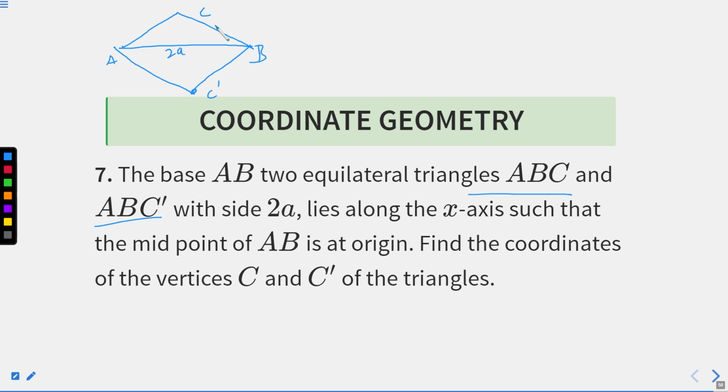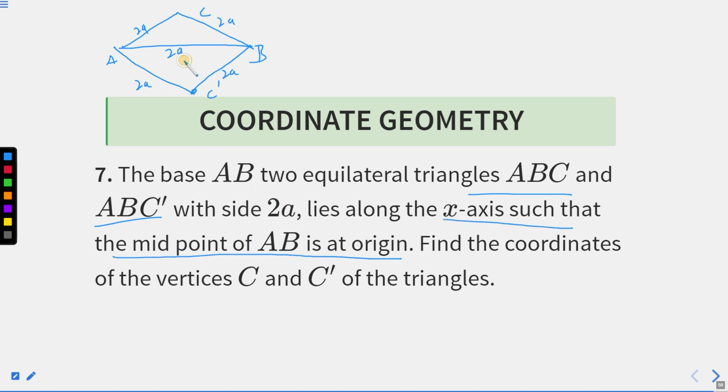We know the sides are 2a, 2a, 2a. Clear? Now find the coordinates of the vertices C and C dash. We are also given that the x-axis is such that the midpoint of AB is at the origin.